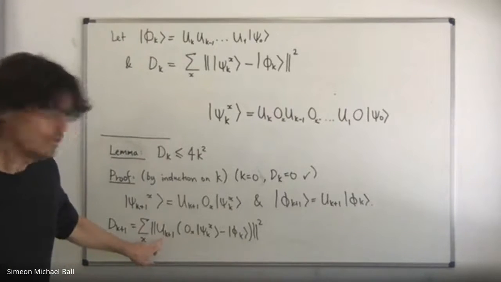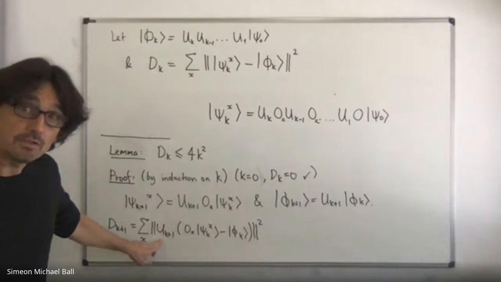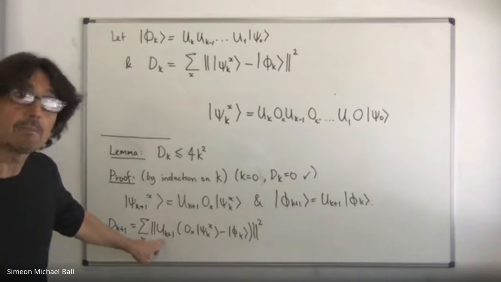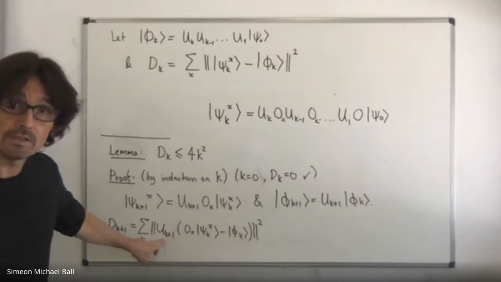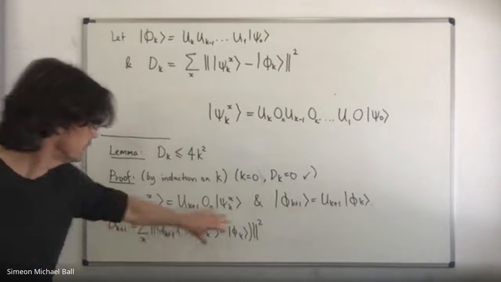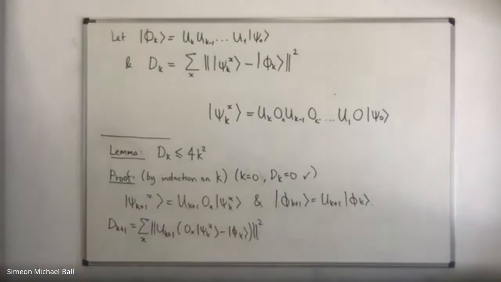Now, use the unitary operators. Applying u doesn't change the norm of the vector, so you can just forget about the norm of u. This is just the norm of this, so that's not going to affect the length of what we have there.